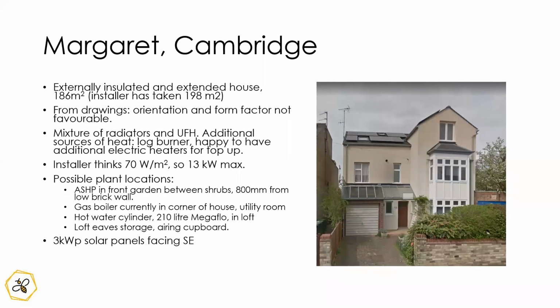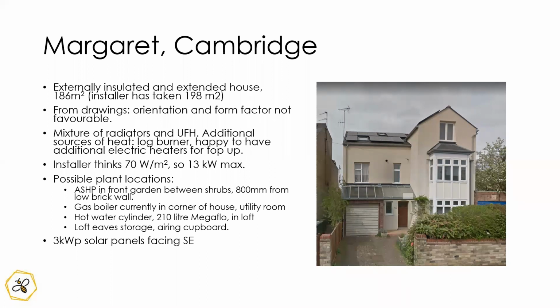So Margaret has a 186 square metre house in Cambridge. The nice thing about these three is we've got Cambridge, York and Manchester, so we've covered the country, which is great. I managed to pull this off Google Maps, Margaret, I hope you don't mind.